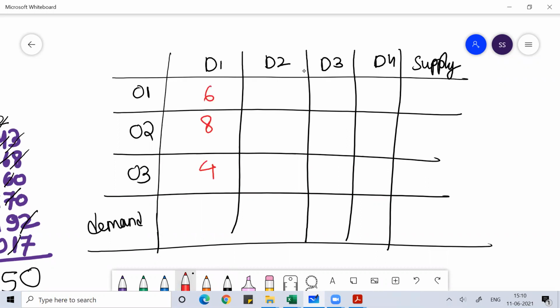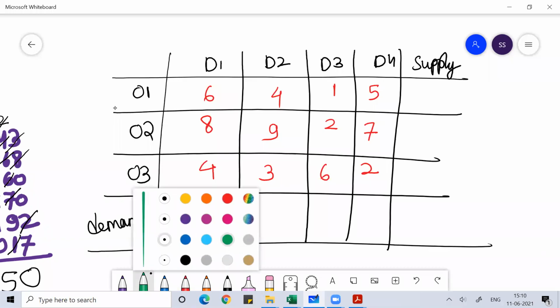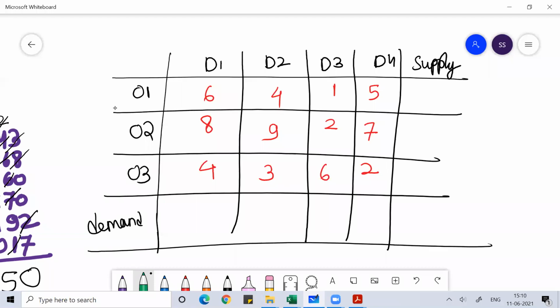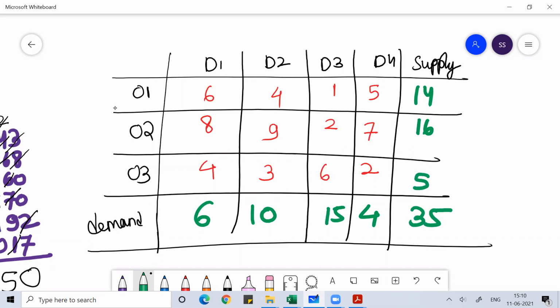The rows are 6, 8, 4, then 4, 9, 3, then 1, 2, 6, then 5, 7, 2. Then the supply is 6, 10, 15, 4, and the demand is 14, 16, 5, total 35.